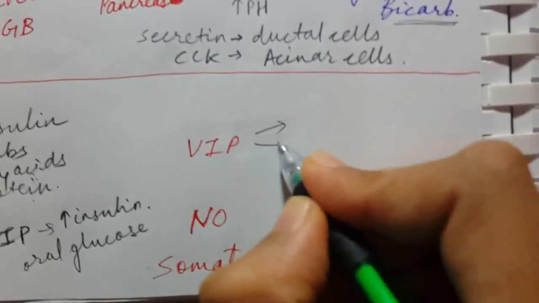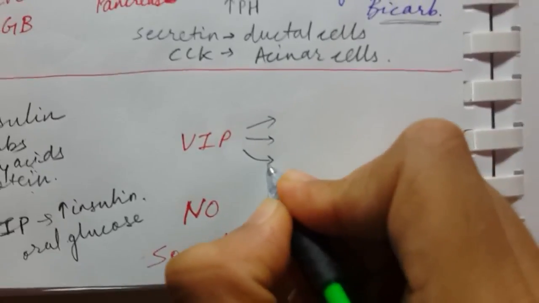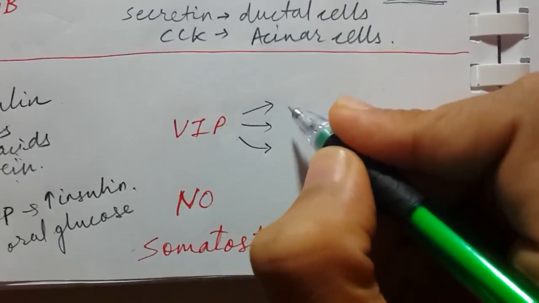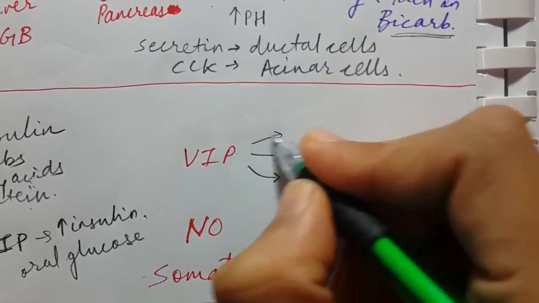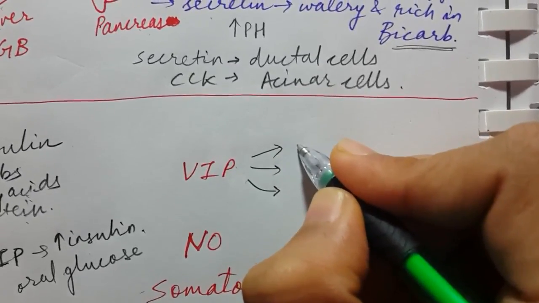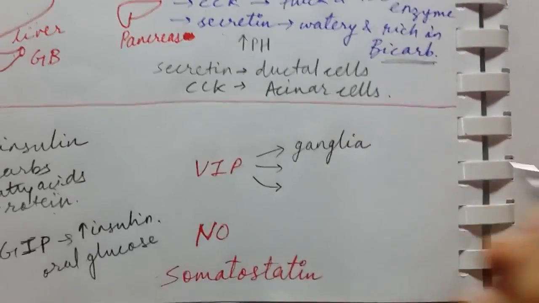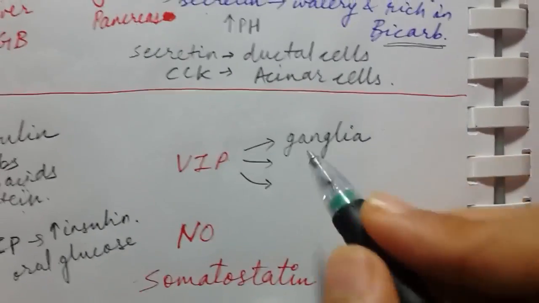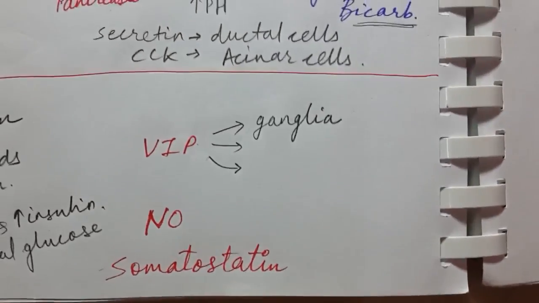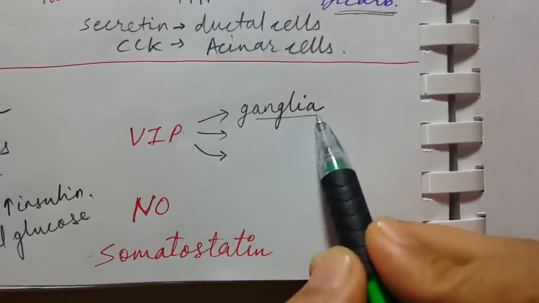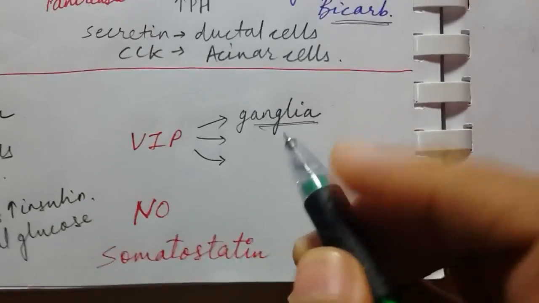The next one is VIP. The three things that you should know about VIP: it is one of those hormones, a peptide, which is secreted by ganglia in the gallbladder, in the sphincter, in the intestine. Rest of all the hormones were secreted by the endocrine cells of the stomach and GI tract, but this is secreted by the ganglia. So remember that.